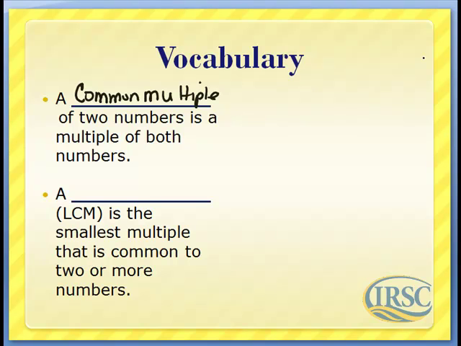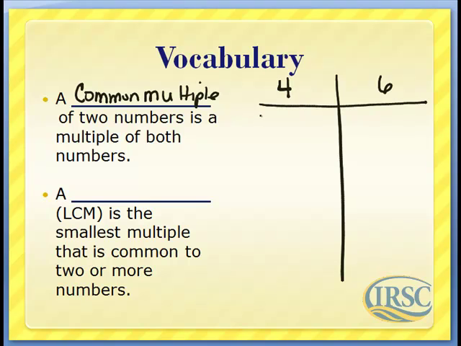just list some multiples. We're going to list multiples of 4 and 6. So I'm just going to make a column, multiples of 4, multiples of 6. So as we go down the line, 4 times 1, we can keep going. 4 times 2, we have 8.